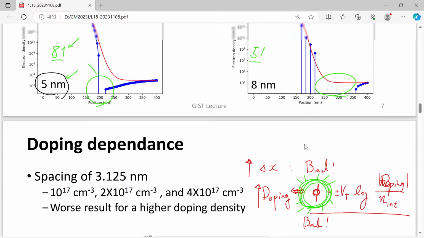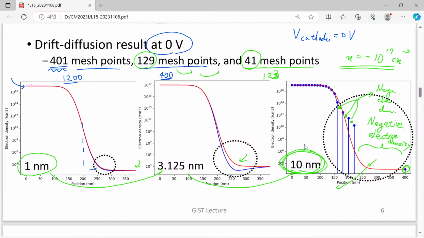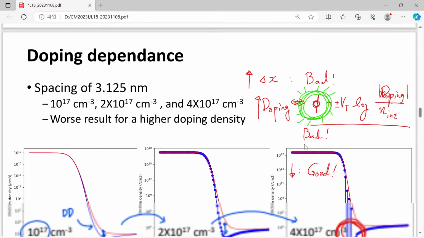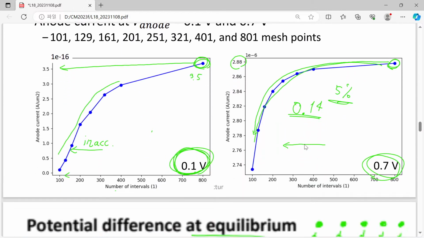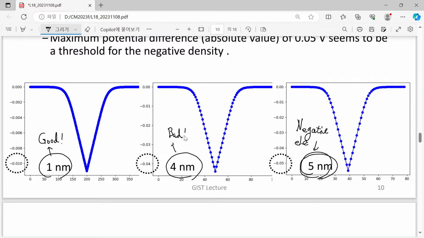Do we have 100 points in this slide? Unfortunately, we don't have it, but now you may understand. Although this is not as bad as the 5 nanometer case, it will also be quite bad.